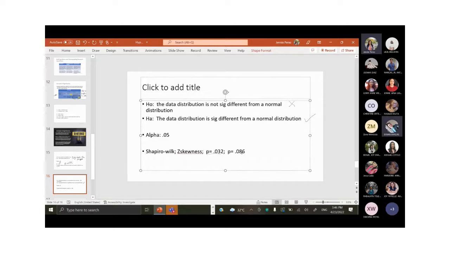And since this one, 0.086 is greater than alpha level of 0.05, then therefore we accept this and reject the alternative hypothesis. So therefore we can conclude that the data distribution is normal. Okay, is normal. It is not different from the normal distribution.